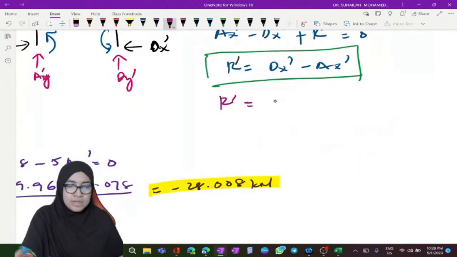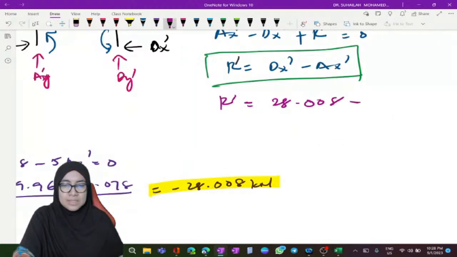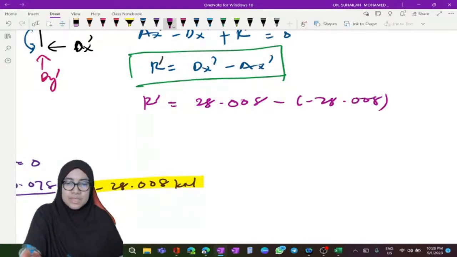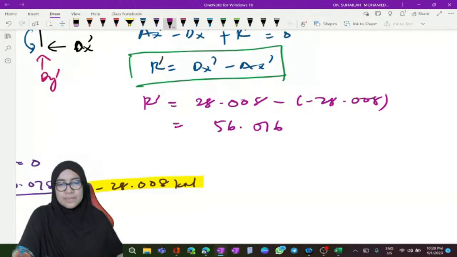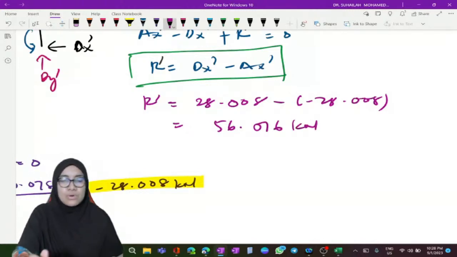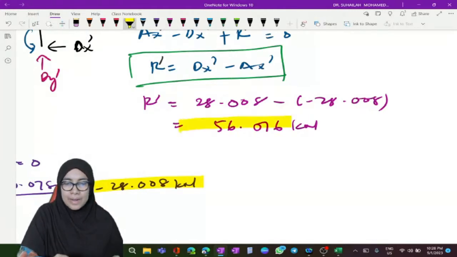Dx is positive 28.008 minus negative 28.008. So this is equal to, you get 56.016 kilonewton. Okay, kilonewton. So this is r prime.